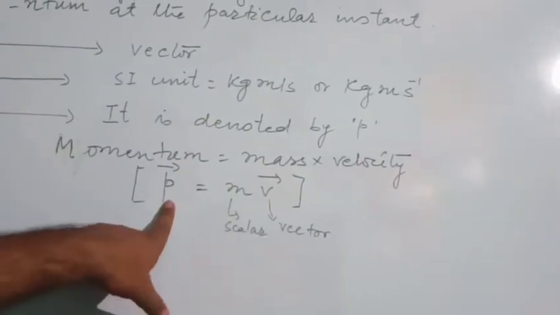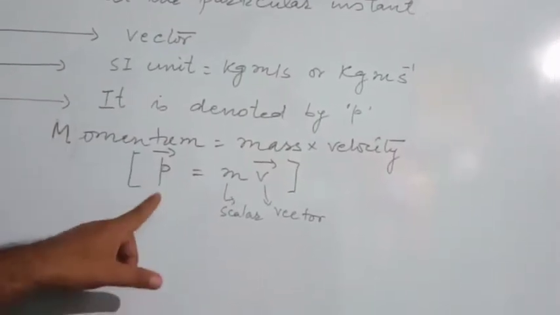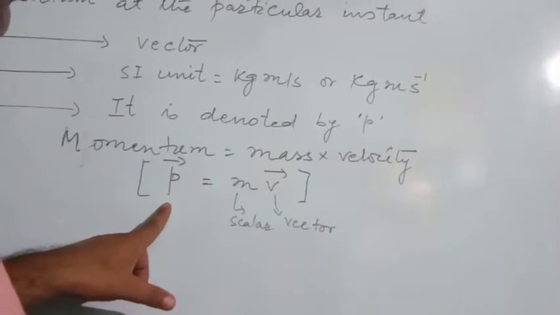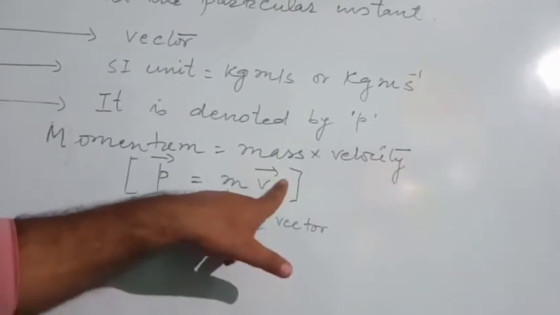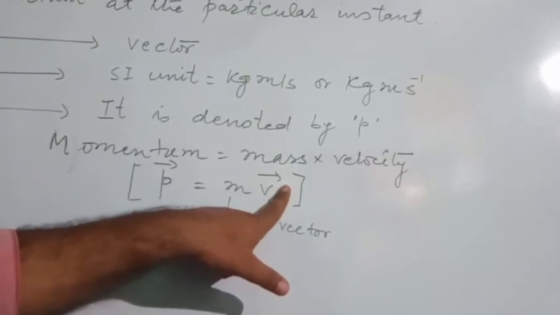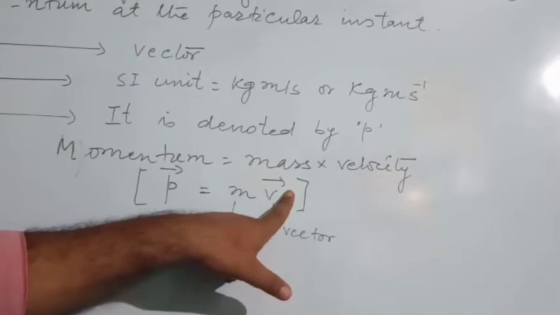It has magnitude as well as direction. The direction of the momentum of a body is the direction of the velocity at the particular instant.